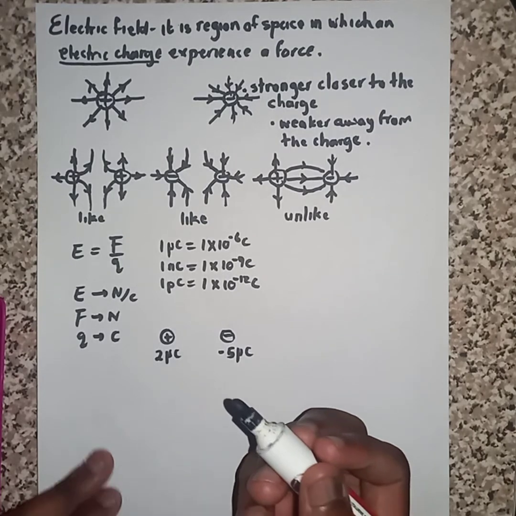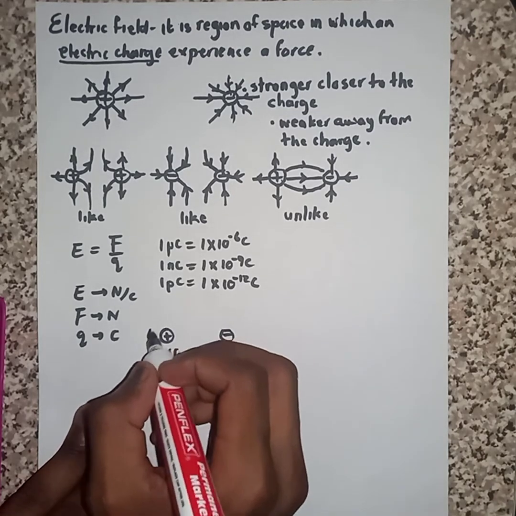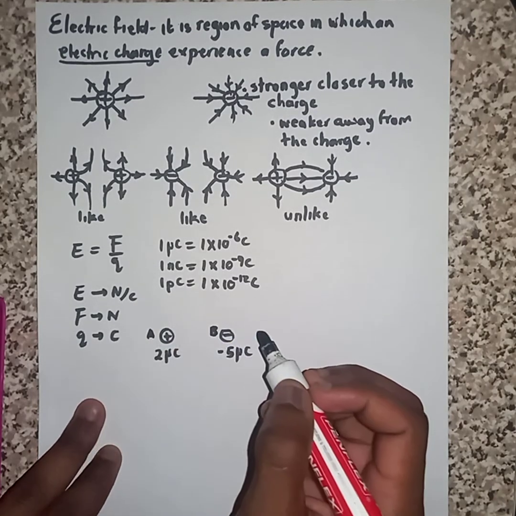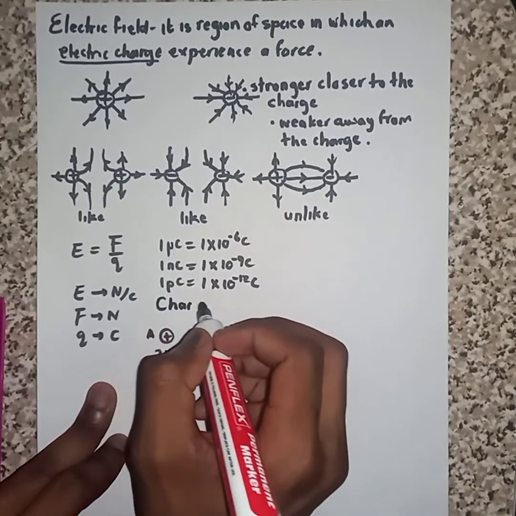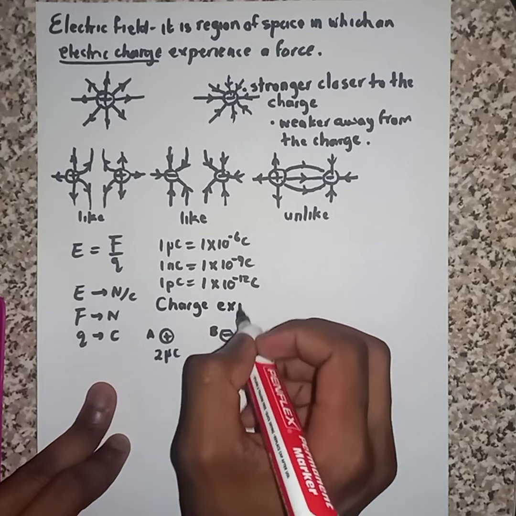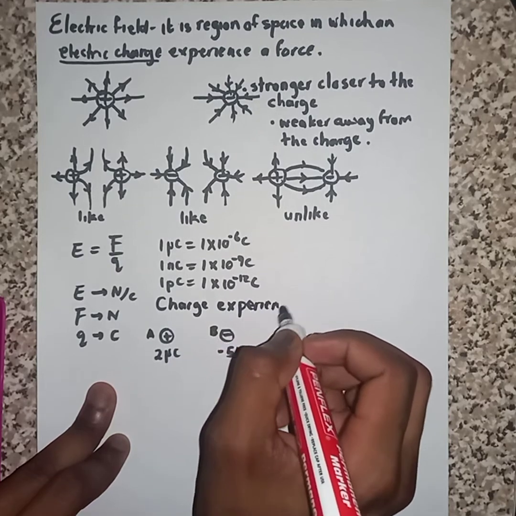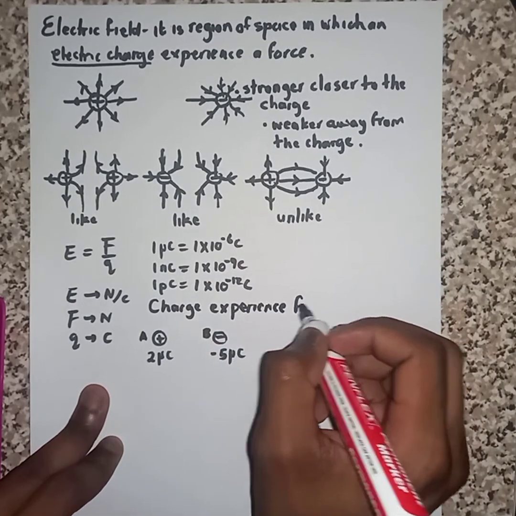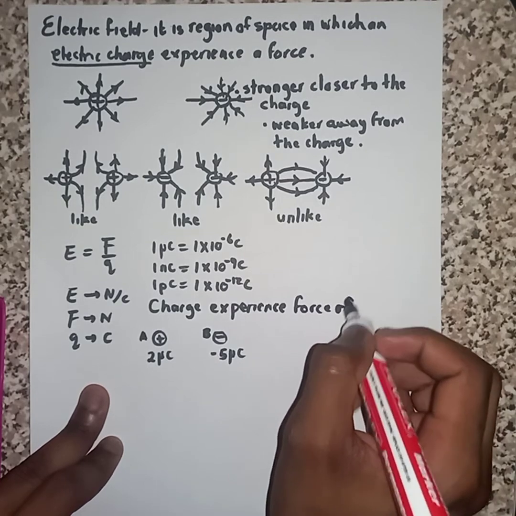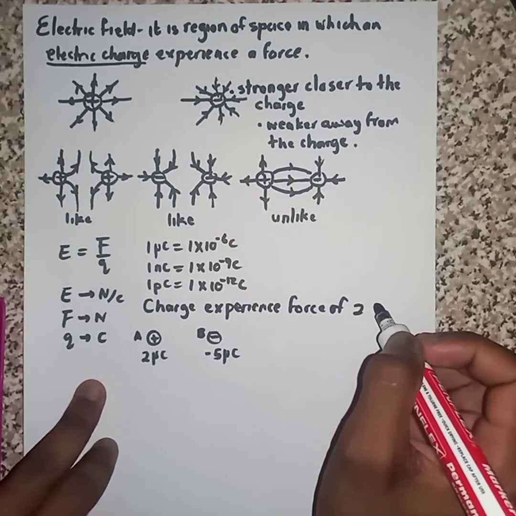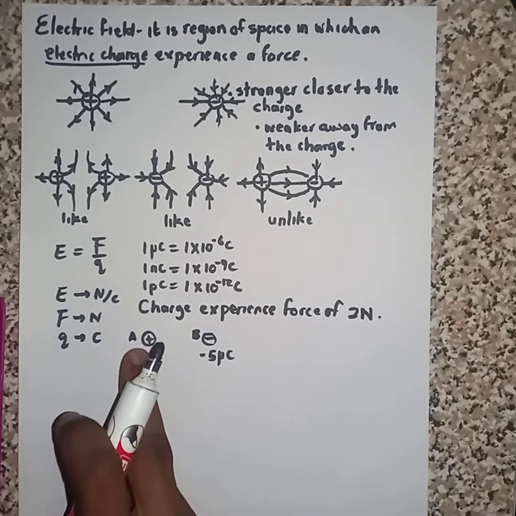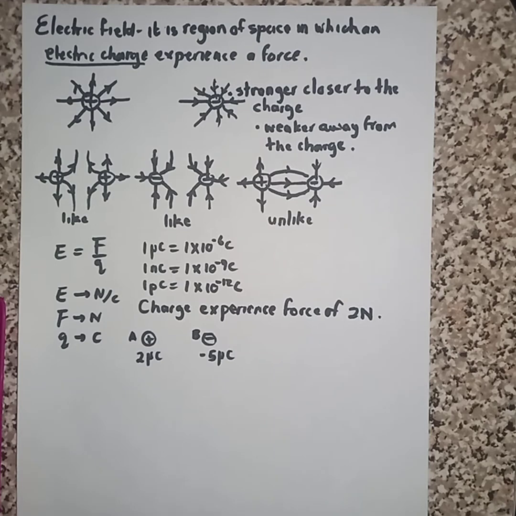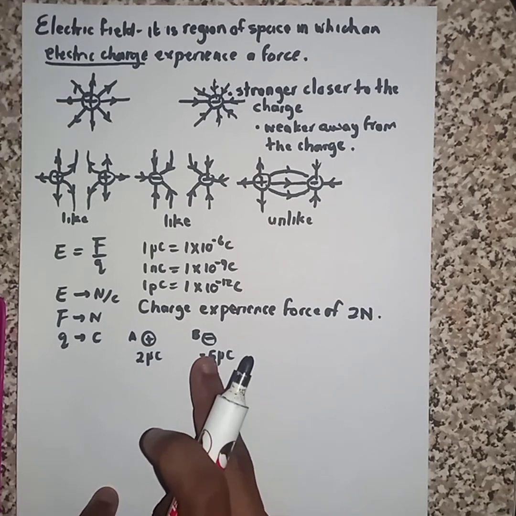Let us say we have A, here we have B. Charge B experiences a force of 2 newton relative to charge A. Then how are we going to determine the electric field of charge B?